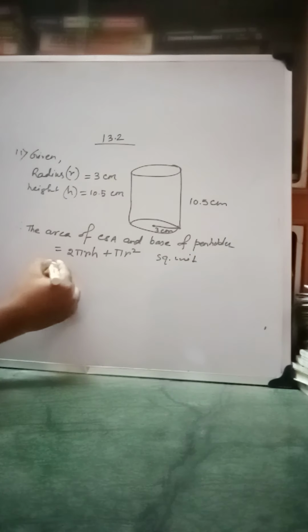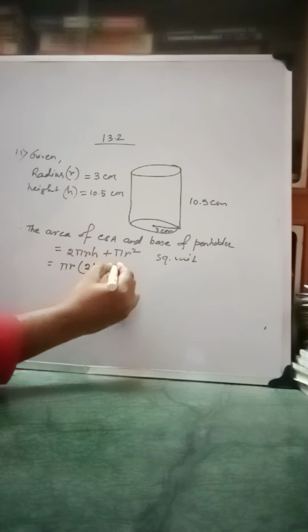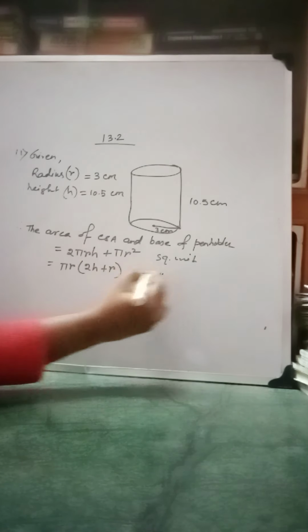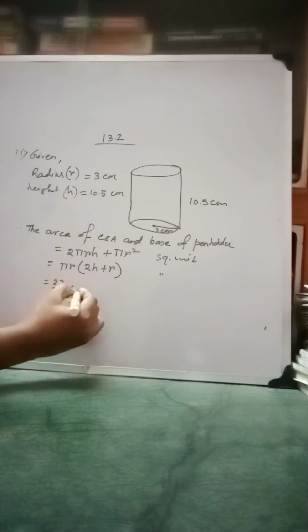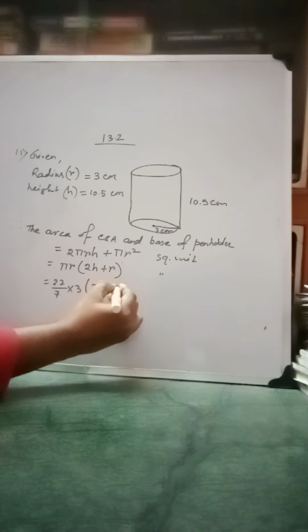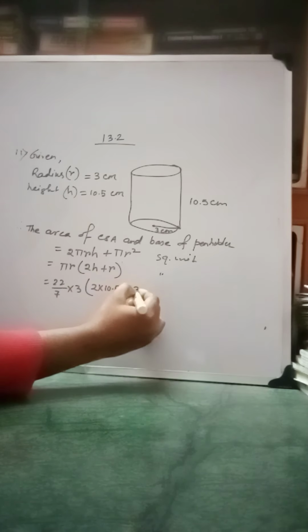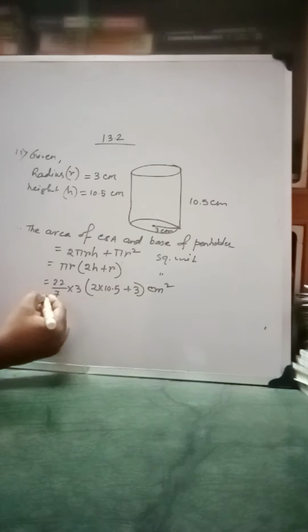Okay, now pi r may be taken as common, so it is pi r into 2h plus r square unit. Now pi means we know 22/7, r is our 3, 2, h is our 10.5 plus r is once again we have to put r as 3, so this centimeter square.